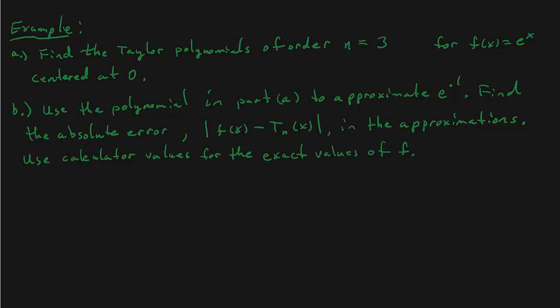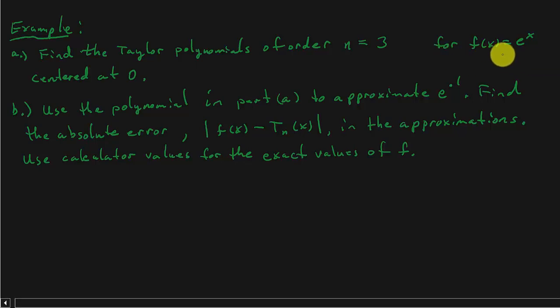All right, so our next example, it says find the Taylor polynomial of order n equals 3 for f of x equals e to the x centered at 0. And then for part B, use the polynomial in part A to approximate e to the 0.1 and find the absolute error, f of x minus t sub n of x, in the approximations.